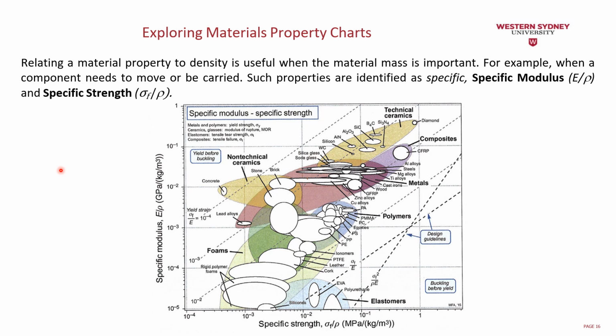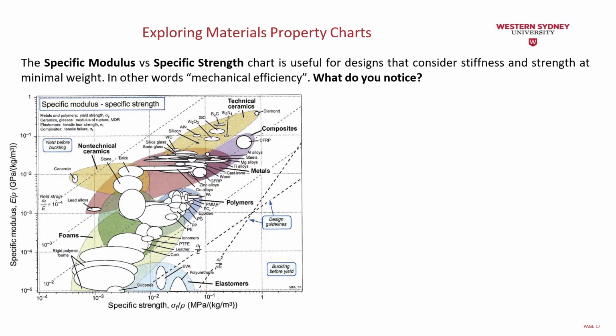Specific modulus is the modulus of elasticity divided by the density, and specific strength is the strength divided by the density. In this diagram we have the specific modulus against the specific strength. That's the ceramics, the composites, the metals, the polymers, the foams, and the elastomers.